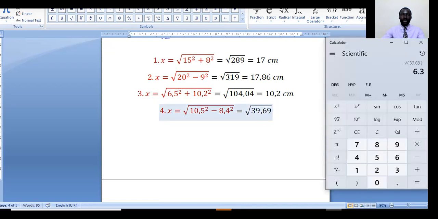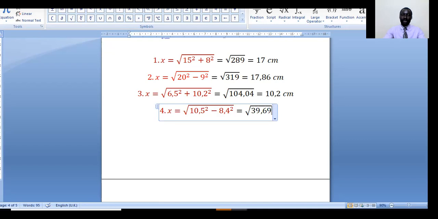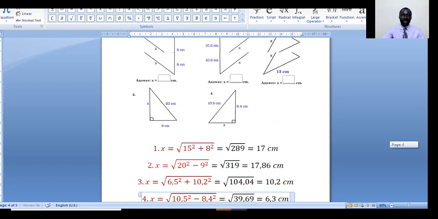Then the square root of this value is what? Is 6.3. So 6.3 is the value of x in what? In centimeters.